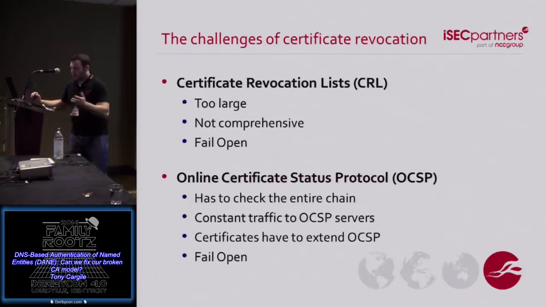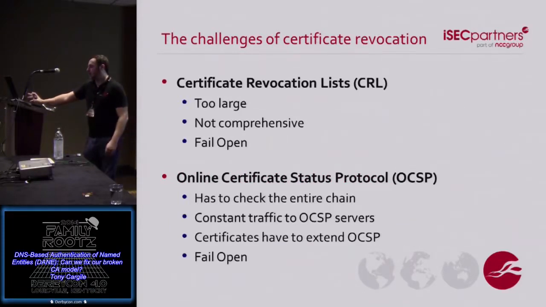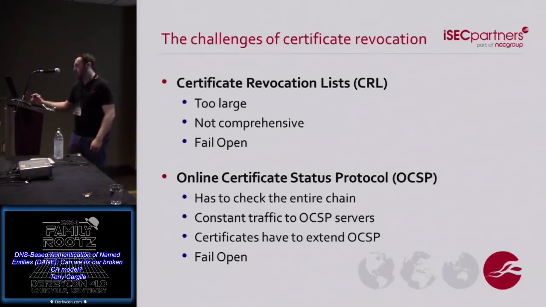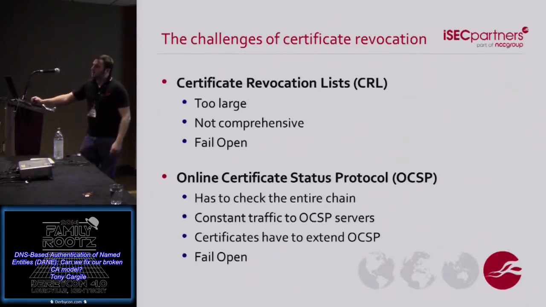So I'm going to start talking about certificate revocation. Basically, there's two ways of approaching certificate revocation. One, there's CRL lists, and these are basically just large lists that browsers hold that have all of those certificates that have been revoked. But because of the problem of it being too large, there's just no way of having all of them. It's a fail open system.